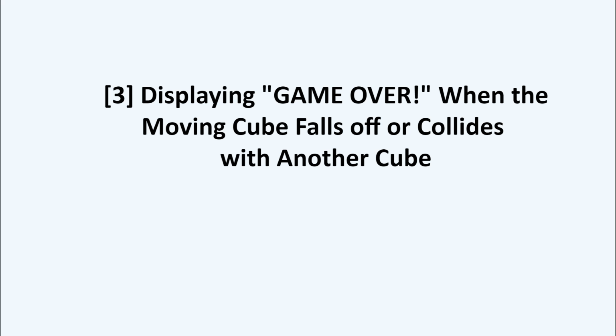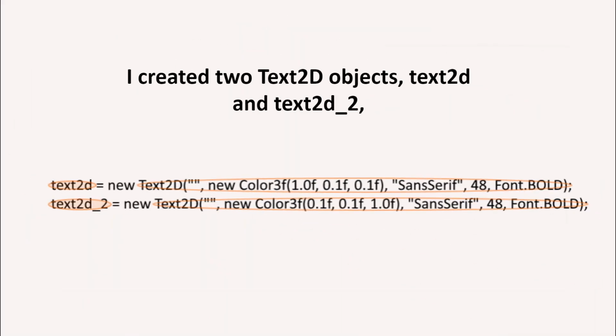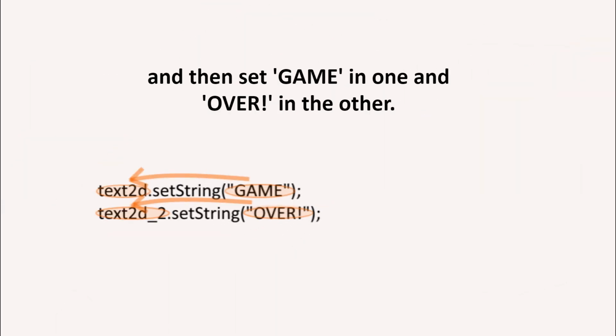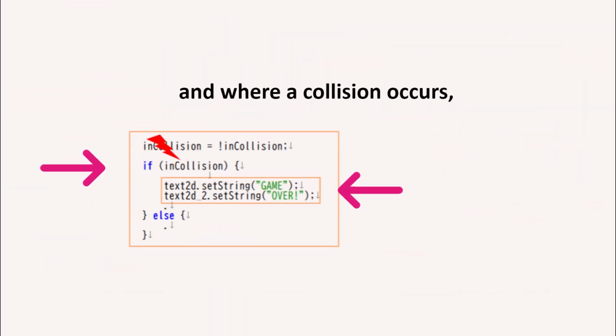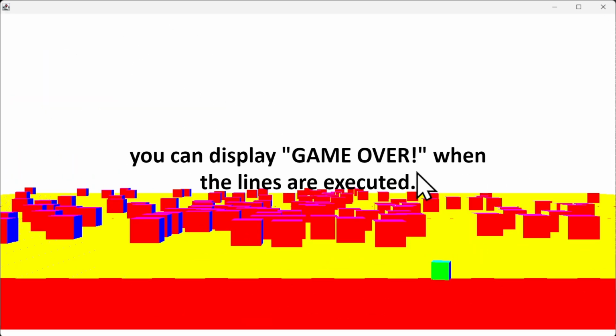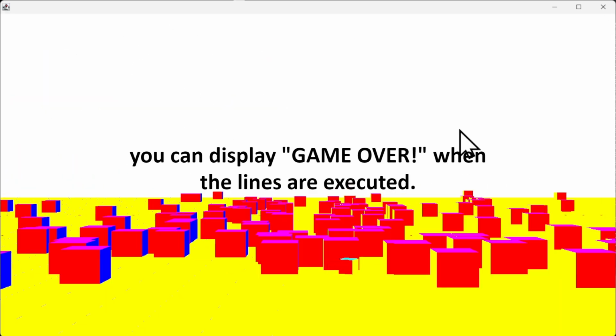3. Displaying Game Over when the moving cube falls off or collides with another cube. I created two Text2D objects, text2D and text2D2, and then set Game in one and Over in the other. By adding these lines of code where the moving cube falls off the edge of the base and where a collision occurs, you can display Game Over when the lines are executed.